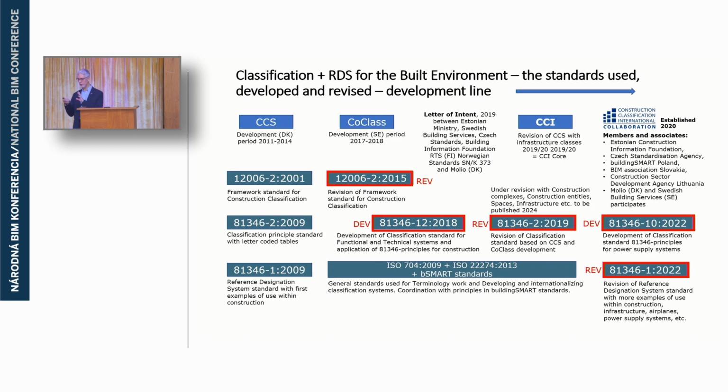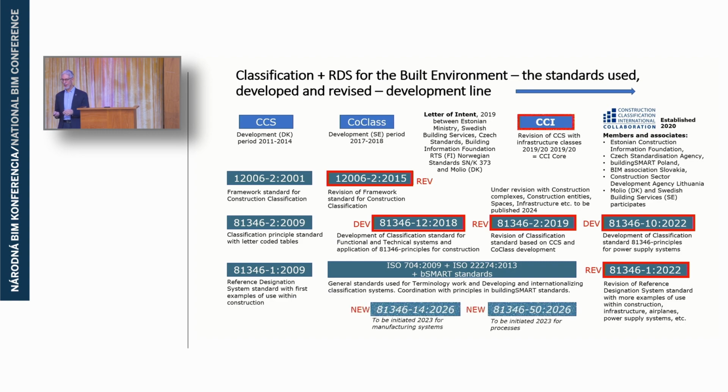We revised the Part 2, and a Part 10 was made for power plant, came out last year, and the Part 1 about the identification principles was also revised. And now at the moment it's been proposed to make a Part 14 for manufacturing systems and a Part 50 for processes.